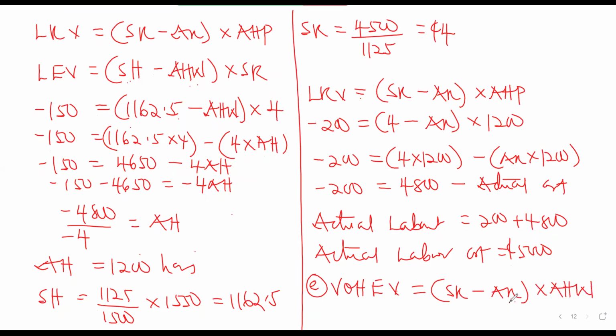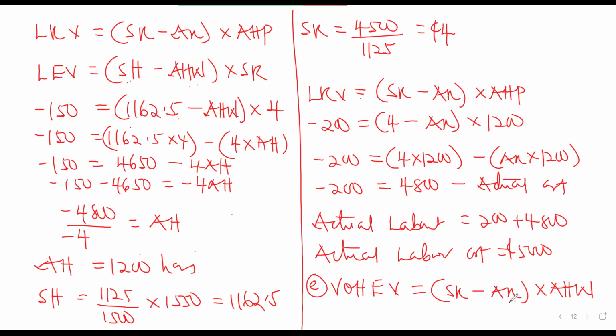Variable overhead varies in relation to labor, unless the question is saying a different thing. As soon as you are given a variable overhead, it is assumed to be varying with the level of labor activity, unless they tell you otherwise.